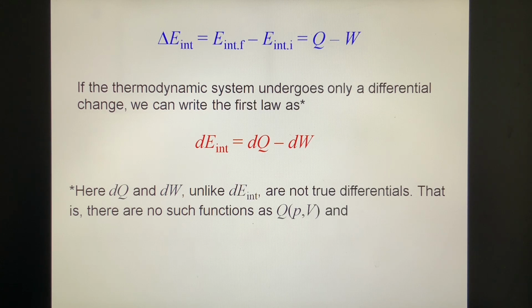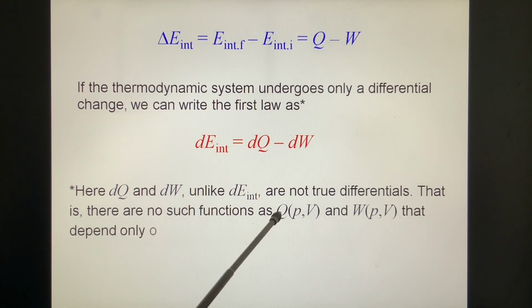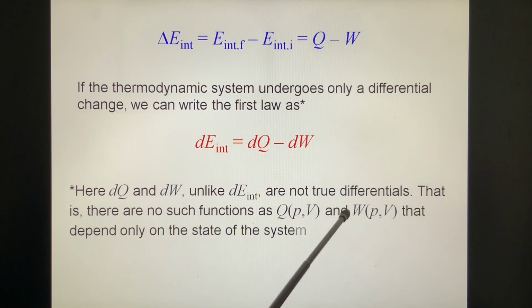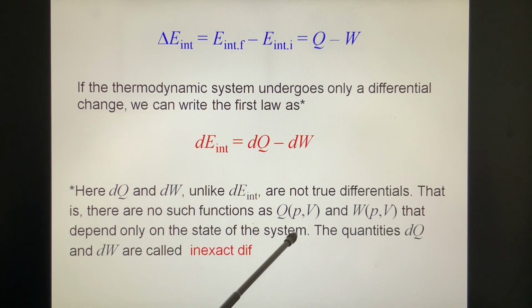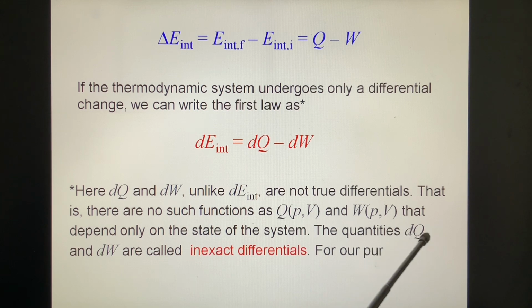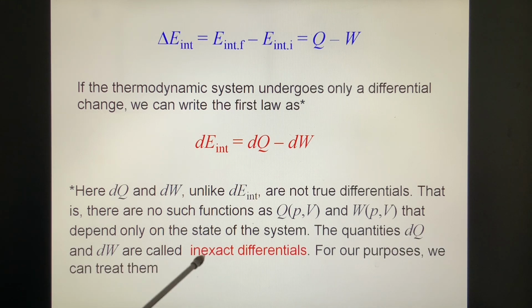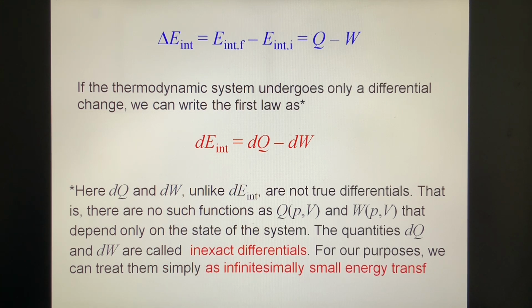That is, there are no such functions as Q(P,V) and W(P,V) that depend only on the state of the system. The quantities dQ and dW are called inexact differentials. For our purpose, we can treat them simply as infinitesimally small energy transfers.